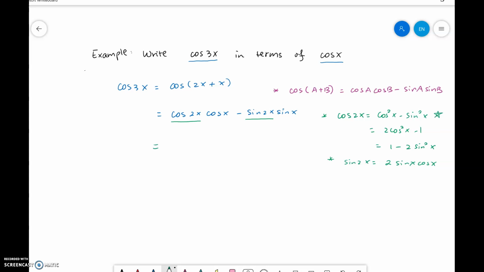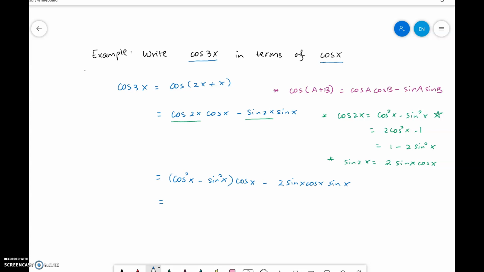So cosine of 2x becomes cosine squared x minus sine squared x, multiplied by cosine of x, minus sine of 2x, which becomes 2 sine of x cosine of x, times sine of x.